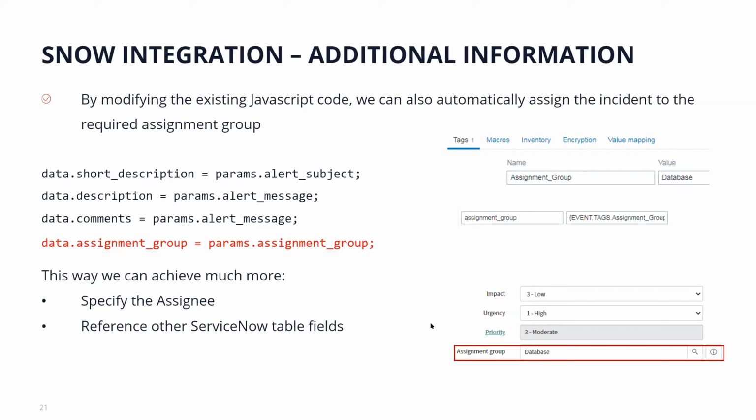And this way you can specify things such as assignees, assignment groups, categories, event categories, or incident categories, location, serial numbers, whatever. The sky's the limit. You can add your own custom fields and add any custom information from tags, from events, from user macros, whatever you want can be pushed to your ITSM, help desk, or service desk system.